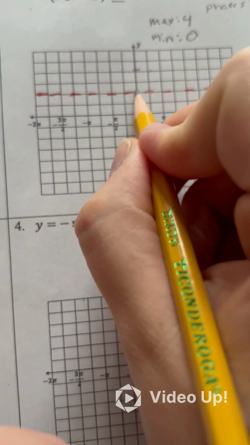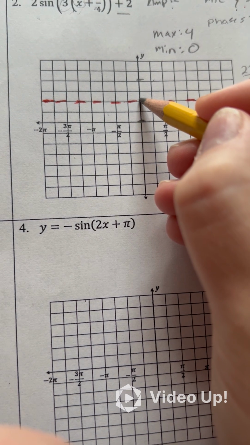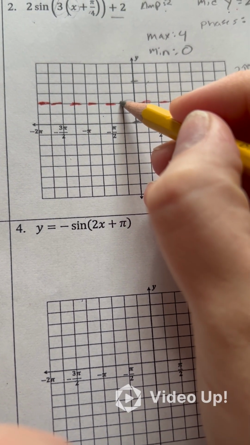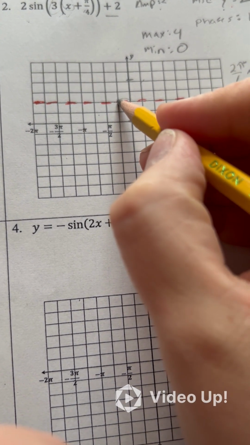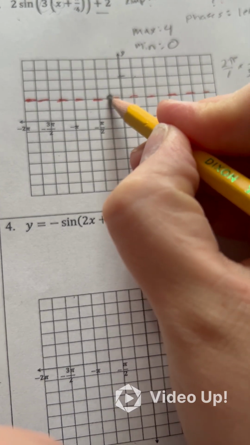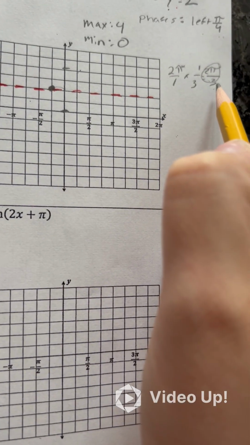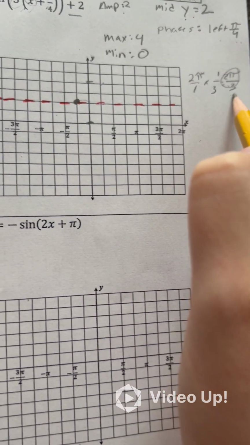So we're gonna go from here, because this is where you would start typically. And you're gonna go left 1/4 pi, right? So this is where we're starting now. Now, our period is 2 pi over 3, right?